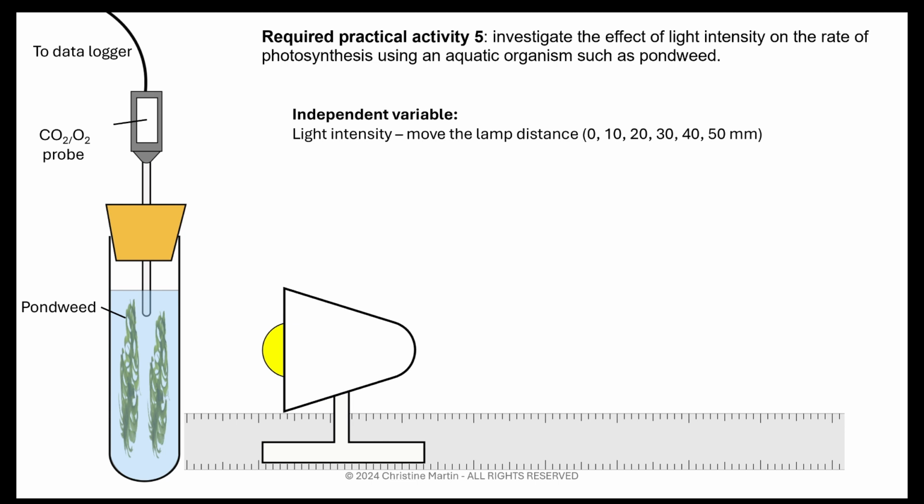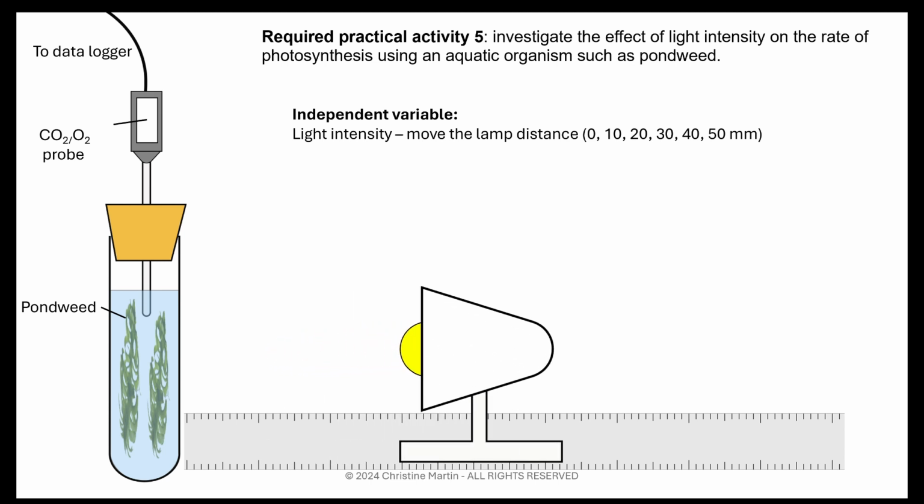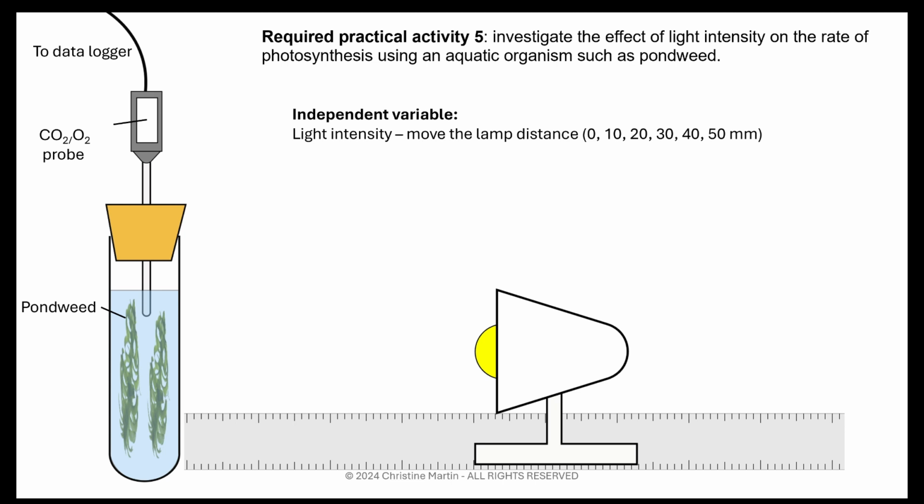So I'm going to move my lamp, and each time I move my lamp, I'm going to move it a specific distance, 0, 10, 20, 30, 40, 50 millimeters away from the pondweed. Therefore, I will be affecting the light intensity that the pondweed is being exposed to.